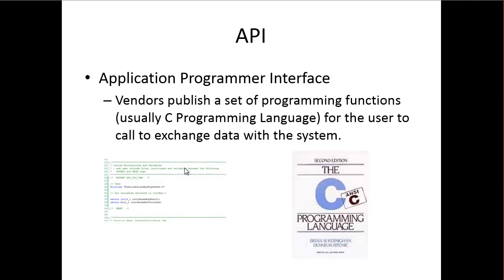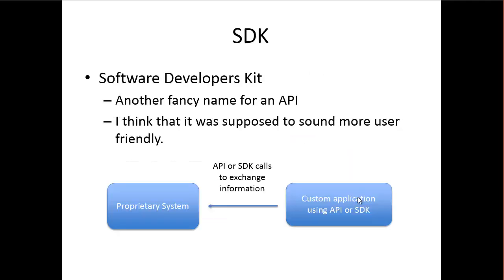So again, you're writing C code basically, and I included the cover of the old Kernighan and Ritchie C programming language book here. Anybody my age has this book sitting on their shelf somewhere because they used this book in school. This would allow you as a client to sit down with a computer and a C compiler and write some code to get data out of your control system.